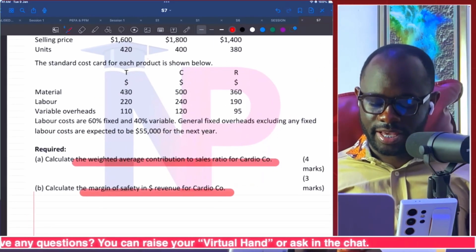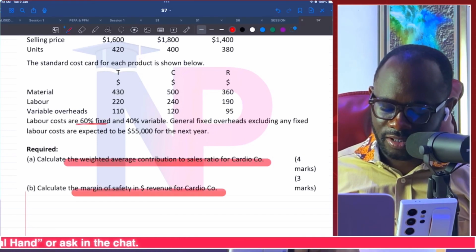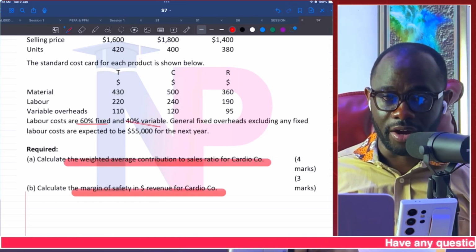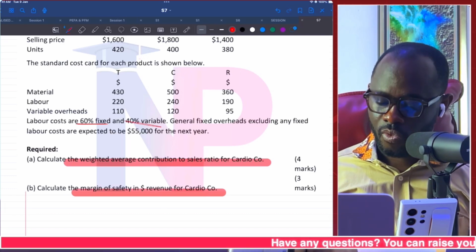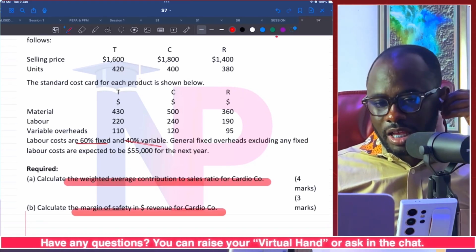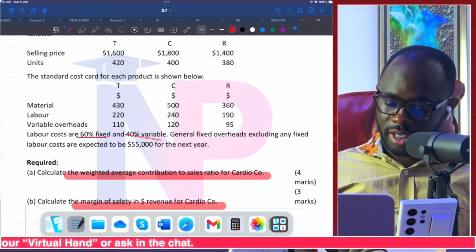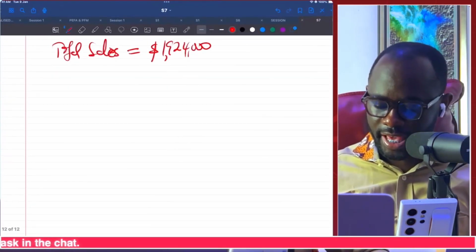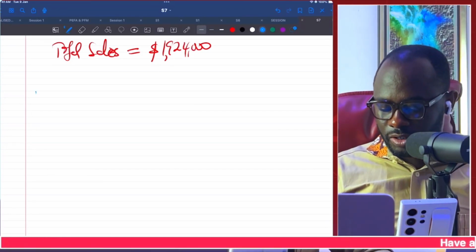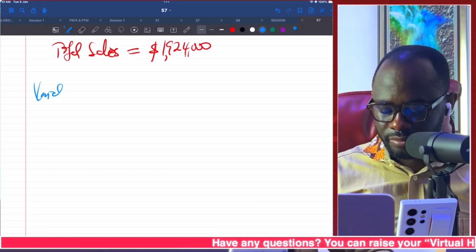Now, let's look at the question here. It says labor costs are 60% fixed and 40% variable. So we need to work ourselves out to get a variable cost situation coming in here. So total variable cost calculation.